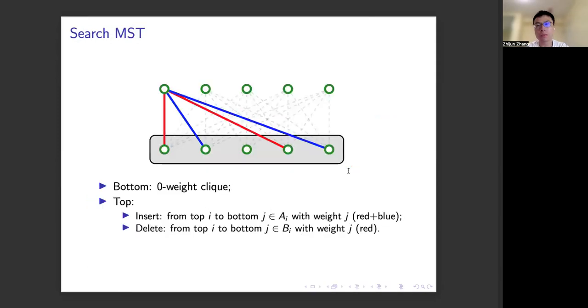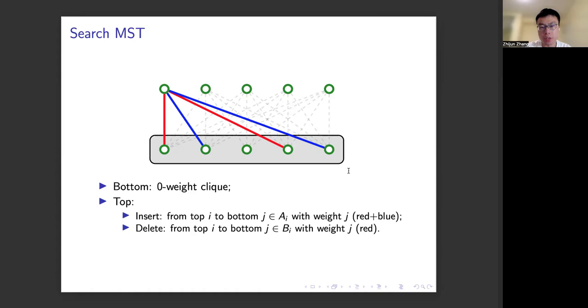Okay, in the rest of this talk, I'm going to give you a high-level overview of how our proof works. Let's first start with the search version. The proof is quite similar to other streaming lower bounds, in which we reduce the streaming problem to some communication problem where we have many tools to prove lower bounds.